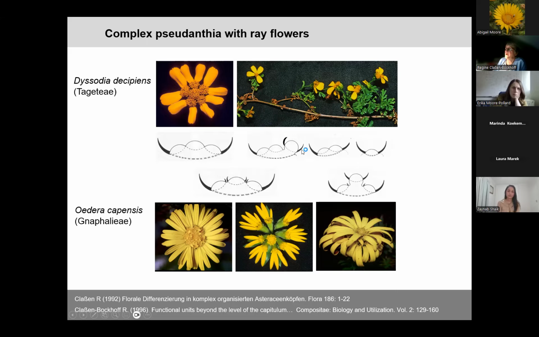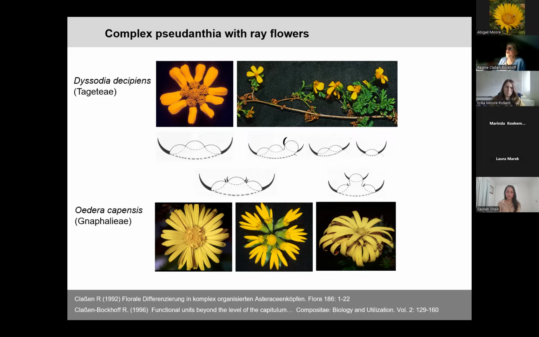And in Dyssodia, we also found some anomalous forms, and they showed ray flowers around lateral capitula if they are elevated, or at the terminal capitulum if lateral capitula are inhibited. This indicates that we have a different regulation compared to a simple capitulum.